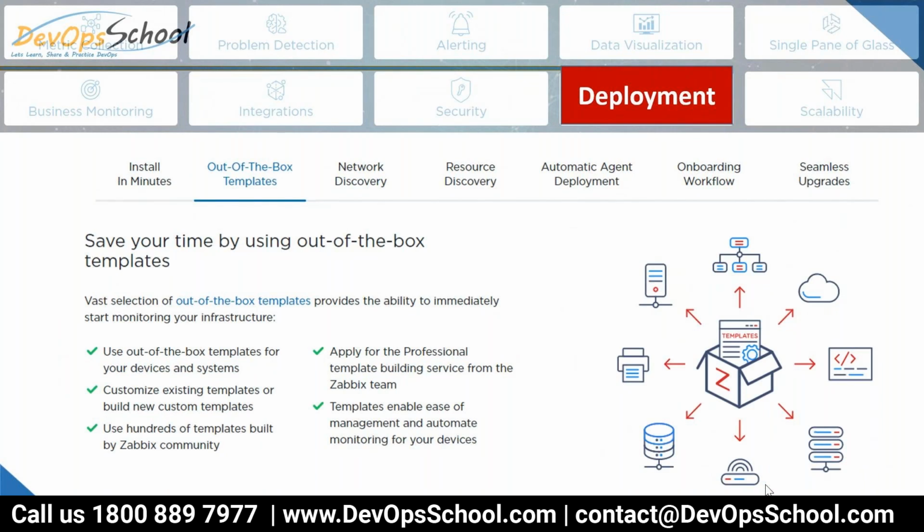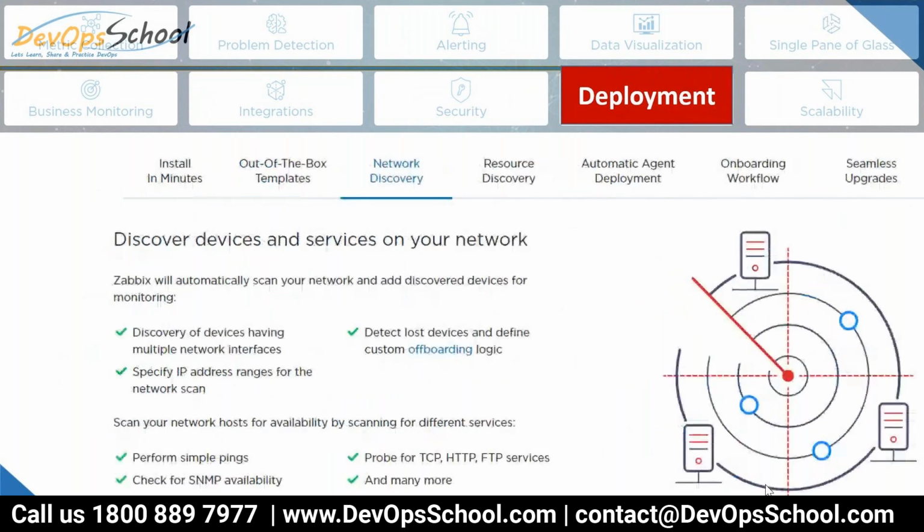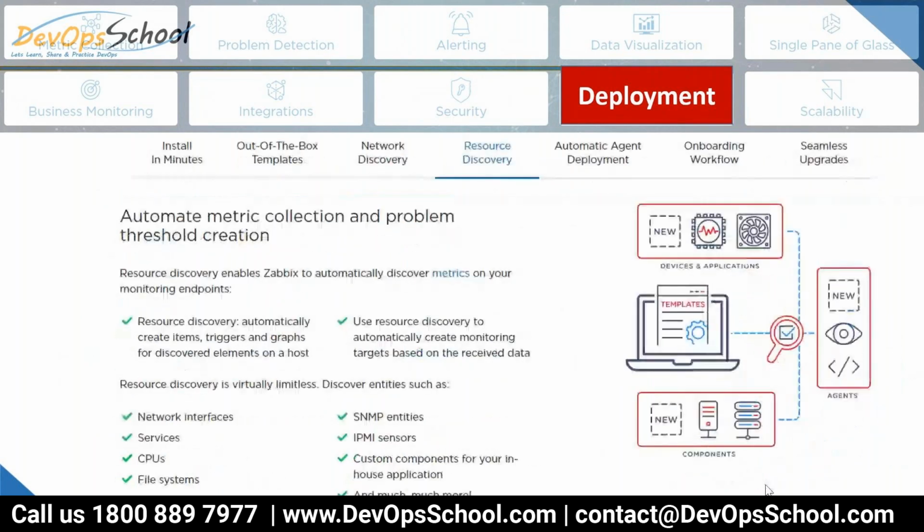Save your time by using out of the box templates, in which you can do lots of customizations. You can define a template for each and every scenario, use out of the box templates for your devices and systems, customize existing templates, build new custom templates, and use hundreds of templates built by the Zabbix community. You also have network discovery, resource discovery, and automated agent deployment features.